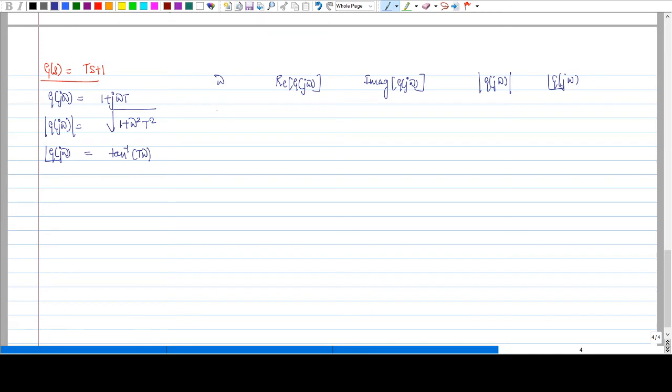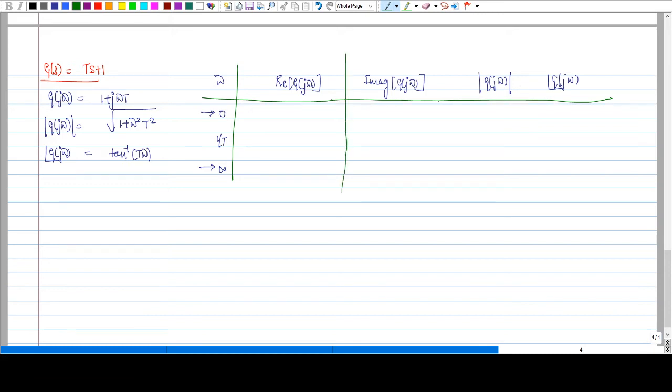So I'll take it for when ω tends to 0, when it is equal to 1 by T, and when it tends to infinity, similar to the previous one we've done. So if this is the case, then we will tabulate the results. When ω tends to 0, this term goes to 0, so you remain with the square root of 1.